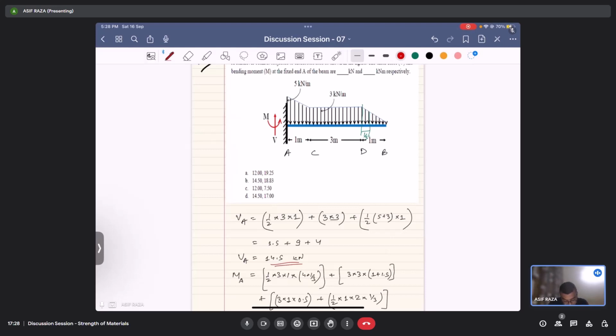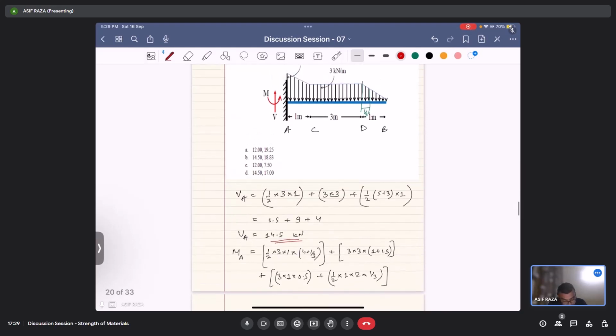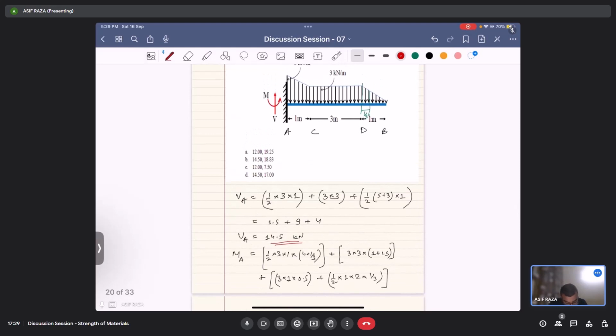Let me see the bending moment. Half into base into height from the dB part, half into 3 into 1, that is okay. Then 3 plus 1 is 4 and 4 plus 1 by 3, this is okay.